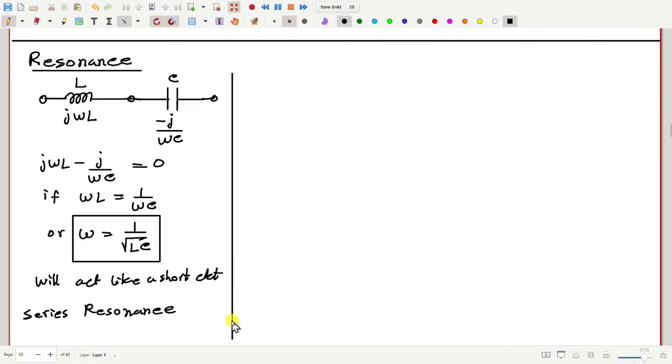Again, if you now connect these two in parallel, let us see what happens. This is j omega L, this is minus j by omega C. How much is the equivalent impedance?